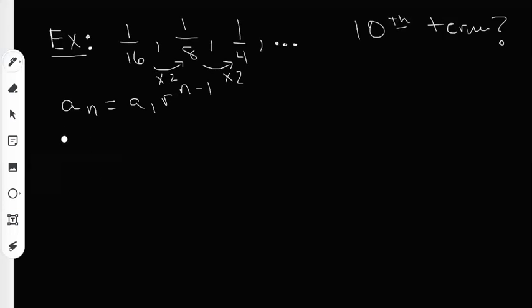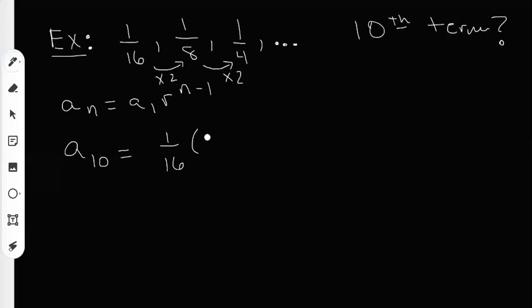So we're going to let our n be 10 this time because I want to figure out what the 10th term is. I know that our first term is a1, and that's going to be 1 over 16. That's our first term. And then what's r going to be?